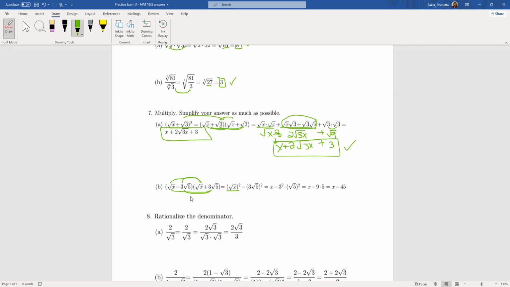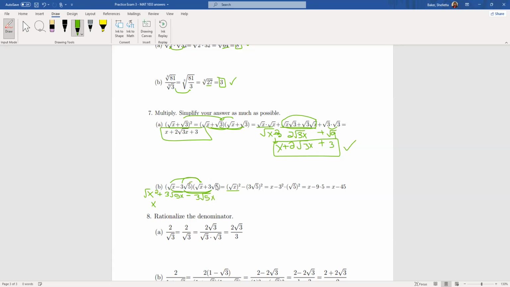All right, so the way we want to interpret both of those, we see square root x times square root x, that's square root x squared, but we know that simplifies to x. And then the square root x times that 3 will give us a positive 3 square root 5x. And then the two inner terms, negative 3 square root 5x.